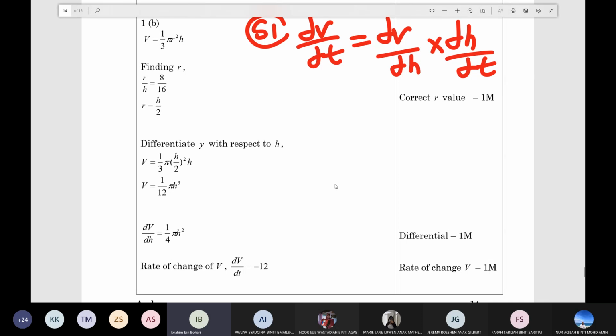So this parametric equation here in terms of the height. And step 2, write down the radius here in terms of the height. So you compare the radius and the height here, compare with the radius and the height, 8 and 16, and cross multiply, yeah? And the radius equals to 1 over 2 times h.